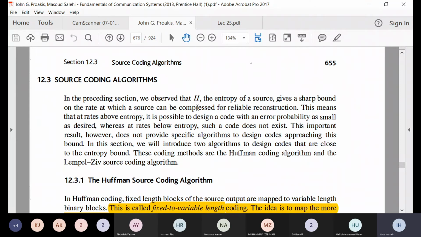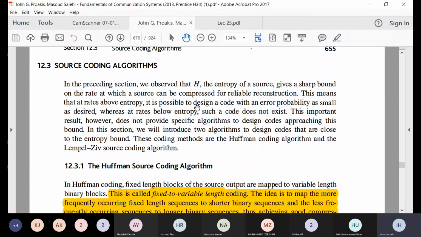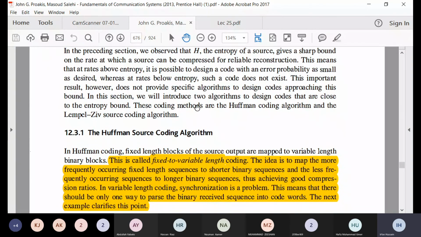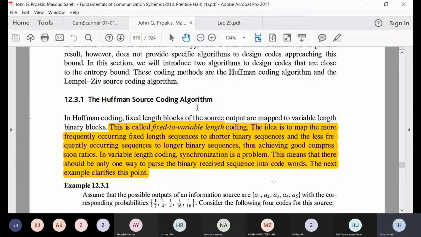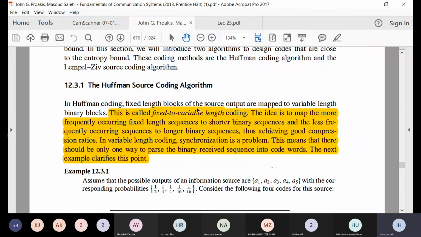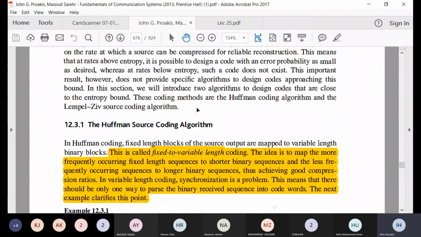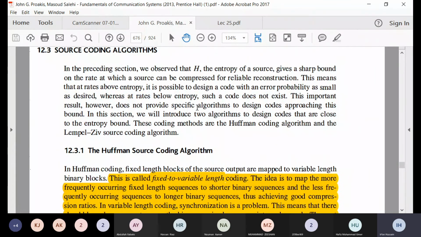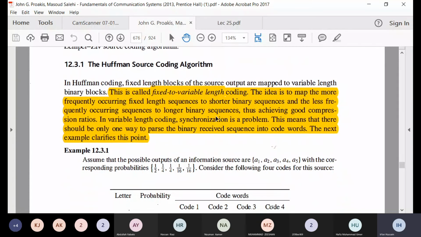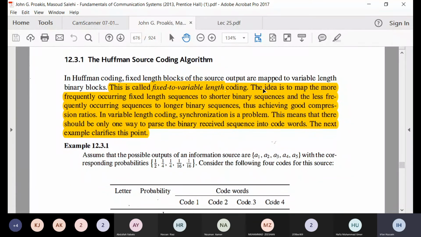In our course, we will just be discussing Huffman source coding, so that we understand this Huffman source coding. You will see this is a fixed to variable length coding.